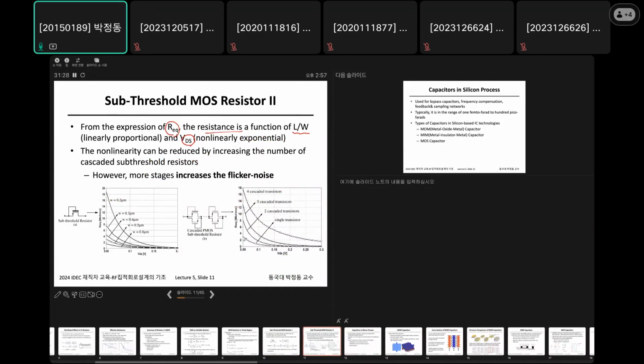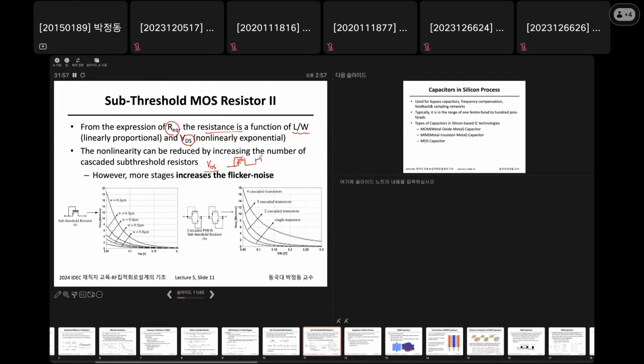So we have a large amount of nonlinearity. Then how can we avoid such nonlinearity? We just reduce the VDS for each segment, by increasing the number of devices like this.